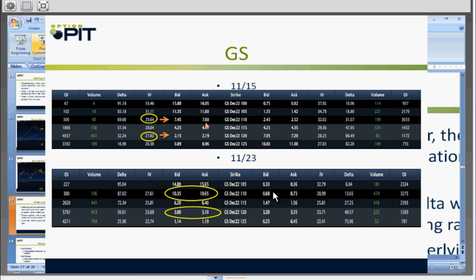We pay $7.50 for one 110 call. And we pay about, let's call it, $2.20 for three 120 calls. I don't want to get too lost in the details here, folks.